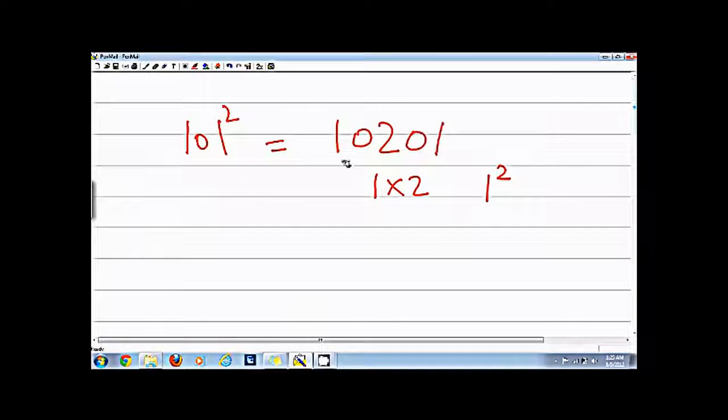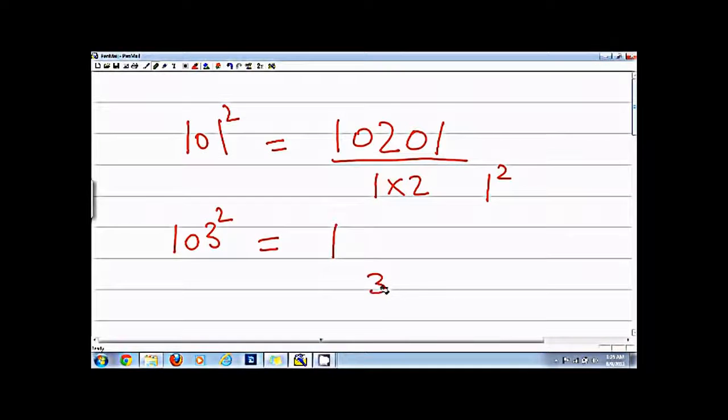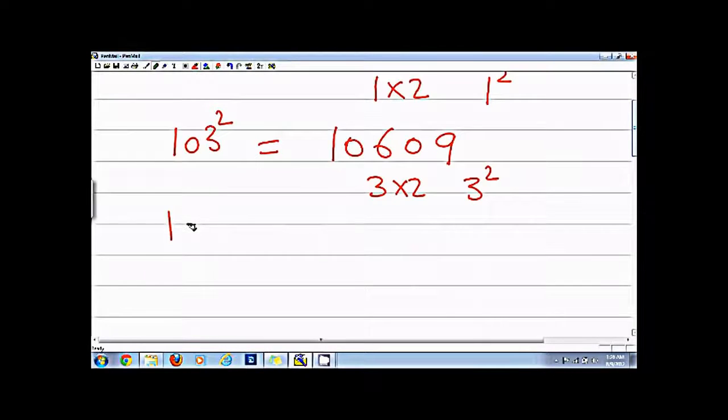Similarly, if I have 103 and I want to take the square of that, I will say 1 and then 3 into 2 is 6, so 106, and then 3 square is 9, so 10609. Similarly, if I have 105, I'll write 1, then 5 into 2 is 10, and 5 square is 25.